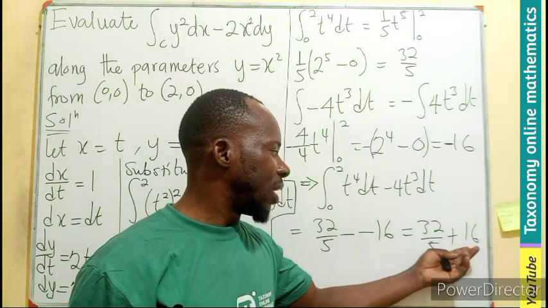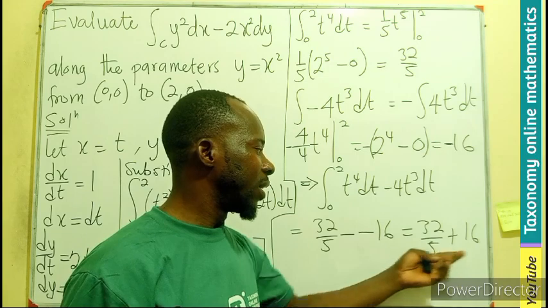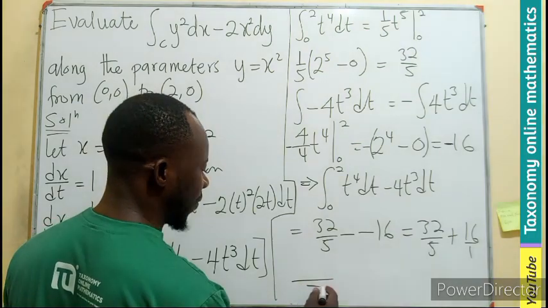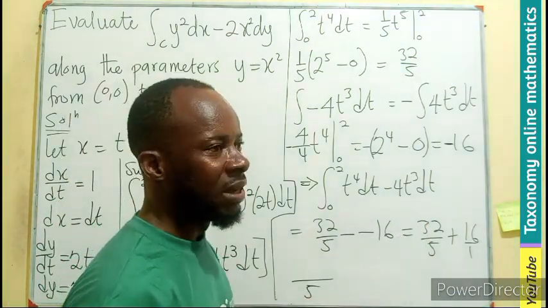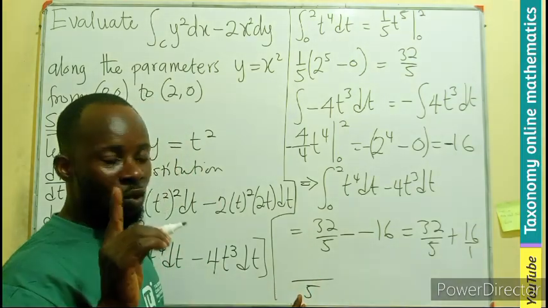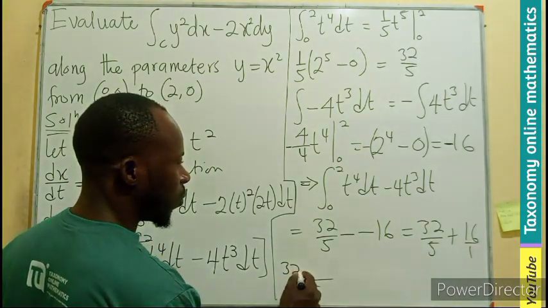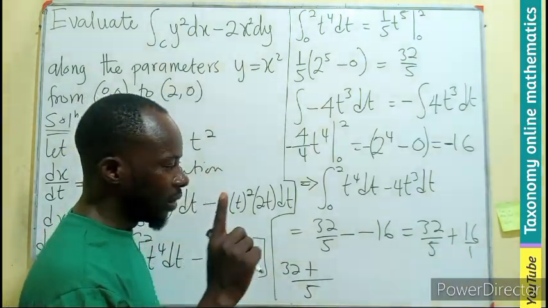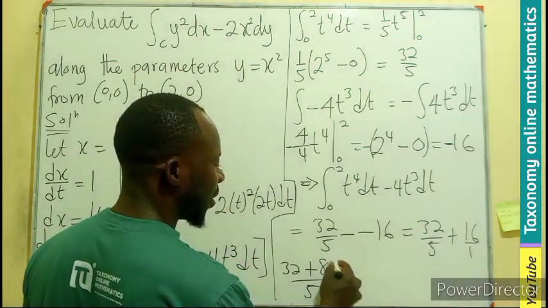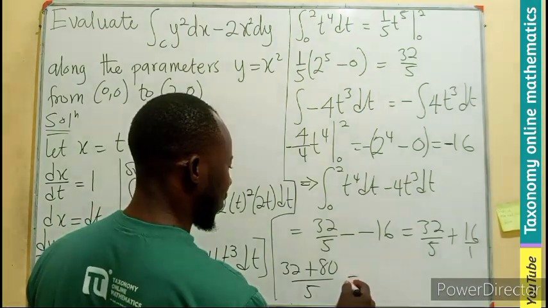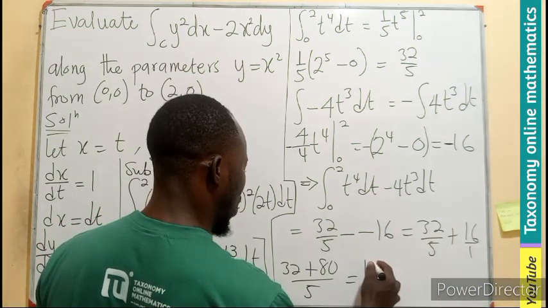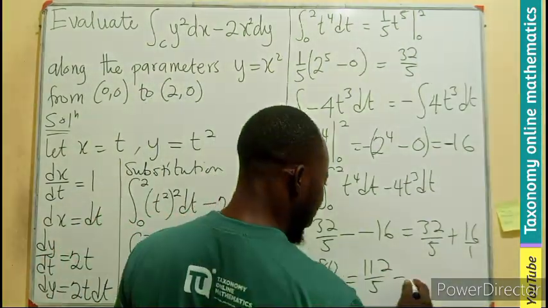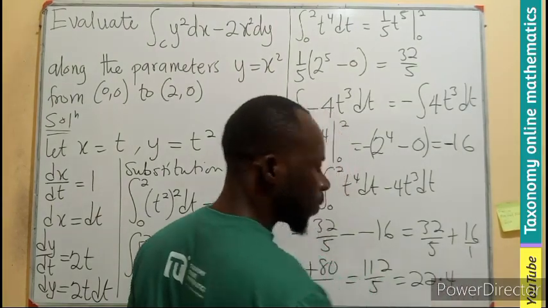We can find the same denominator, so I'll have 5 as the denominator. When 5 divides itself, it gives us 1. 1 times 32 is 32, plus 5 times 16, which is 80. So this gives us, what do we get? 112, right? Divided by 5. And that in decimal gives us 22.4.